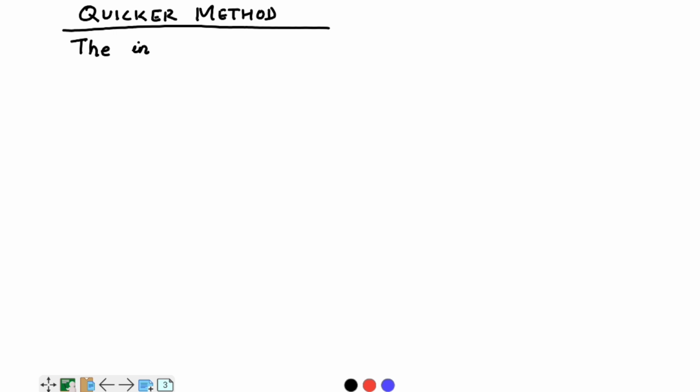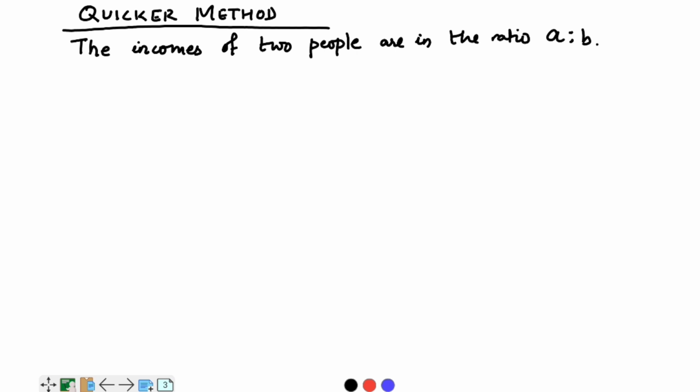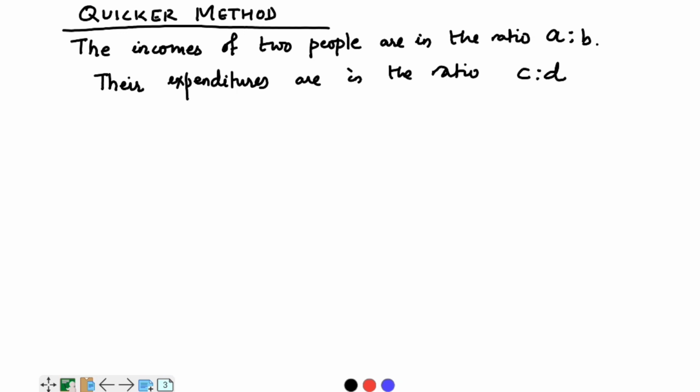Suppose we are writing like this: the incomes of two people are in the ratio A is to B. Their expenditures are in the ratio C is to D. Now each of them saves rupees X, capital X.